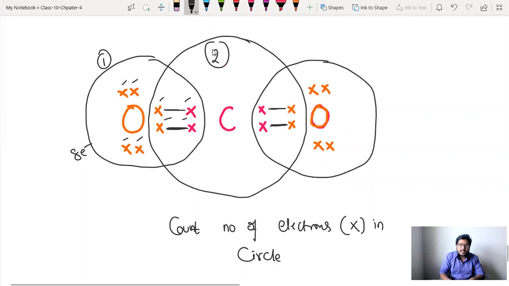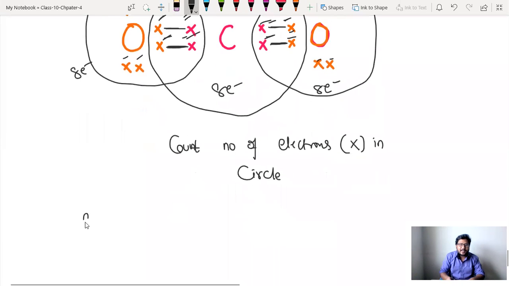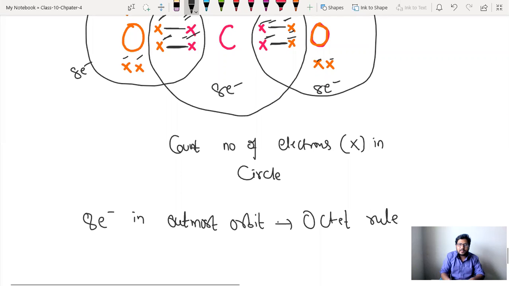In the second circle, 8 electrons. In this third circle, 8 electrons. 8 electrons in the outermost orbit. Whenever there are 8 electrons in the outermost orbit, we call it the octet rule, isn't it? So stable, like that carbon dioxide is formed.